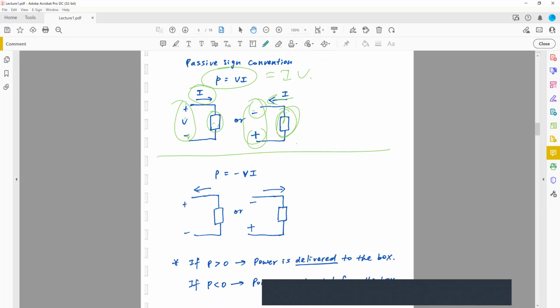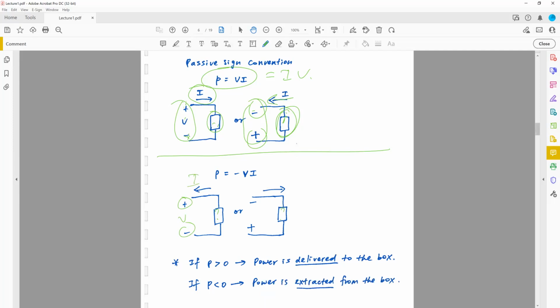Now, if I have this setup, let's say I have another box, and inside this box is not a resistor anymore. I'm going to put a question mark here. If I apply this voltage, plus here and minus there, the same voltage but with a different element inside this box, instead of seeing current I flowing from left to right, now I'm seeing the current returning, flowing from right to left.